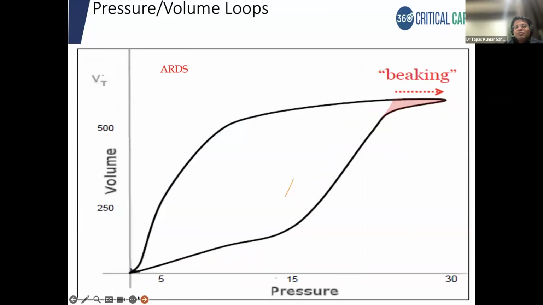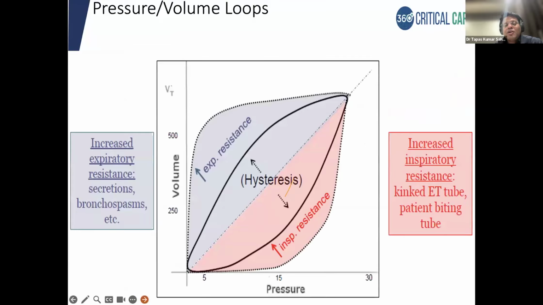Now, think about if there is beaking happening, just like a bird's beak. That means you are over-inflating beyond the tidal volume you have set. So you are actually doing harm to the patient rather than any benefit. You have to take care to use low tidal volume so that there is no volume trauma or barotrauma.